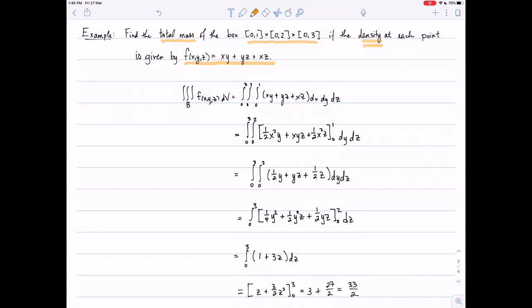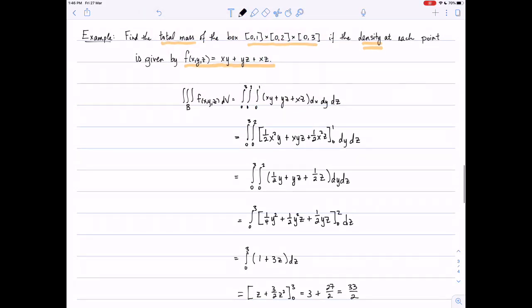So that means that the triple integral here is going to be the total mass of B. And because we're given a box, we can choose the order of integration. I have chosen to go in dx, dy, dz.